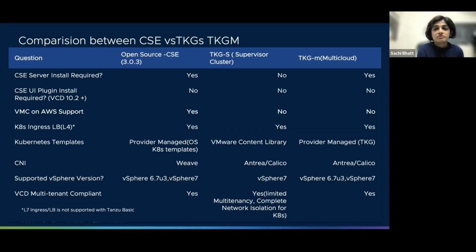And the last addition we have is TKGM. M stands for multi-cloud. And that is used in conjunction with Container Service Extension today. It requires CSE version 3.0.3, and it is a multi-cloud solution, but right now with Tanzu Basic, the integration is limited to on-prem vSphere today.